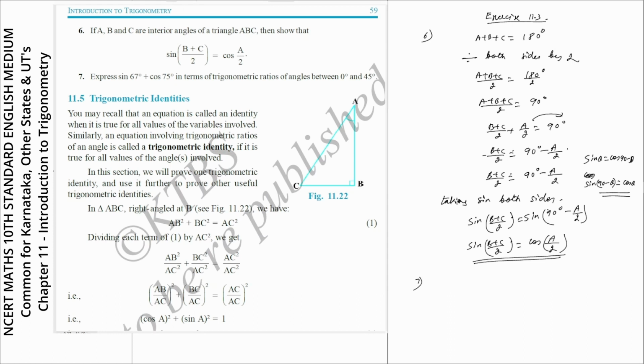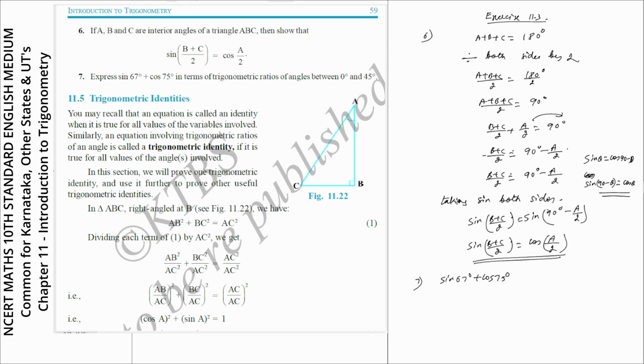Seventh question in this exercise: express sine of 67 degree plus cos of 75 degree in terms of trigonometric ratios of angles between 0 degree and 45 degree. So sine of 67 degree plus cos of 75 degree.